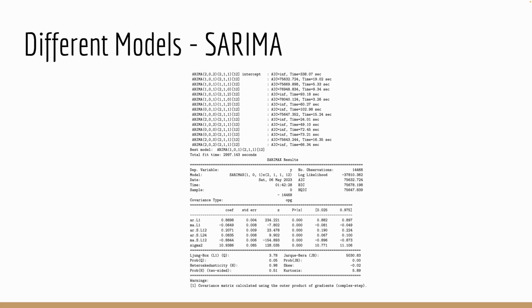Next up, we have the SARIMA model. What I actually did was I went through all the different orders that were possible, and it took me a while, in fact 3,000 seconds, and I came up with the best model: ARIMA 101 211 was the best fitting.